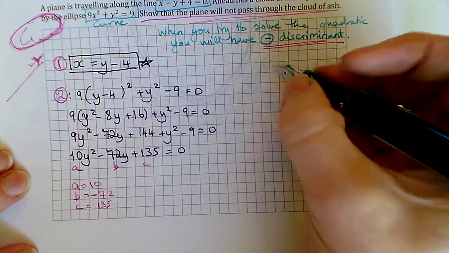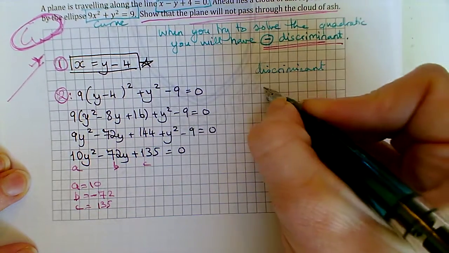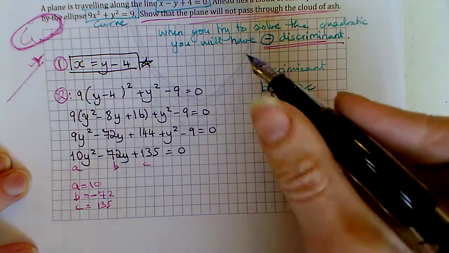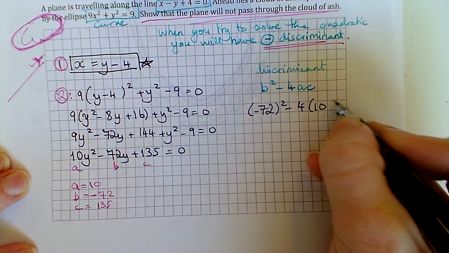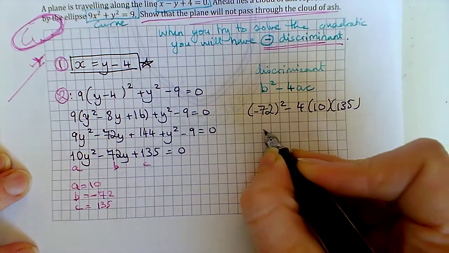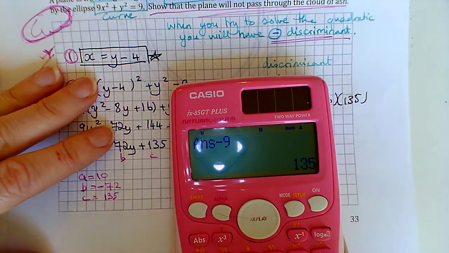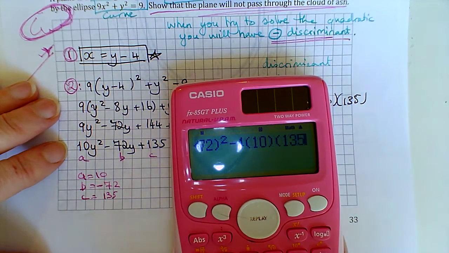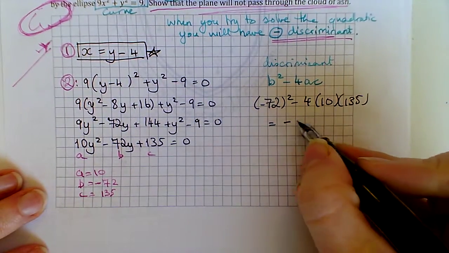So my discriminant, b squared minus 4ac, is going to be minus 72 squared minus 4 by 10 by 135, and I just plug that into our calculator in one go. And it is a negative number, minus 216.